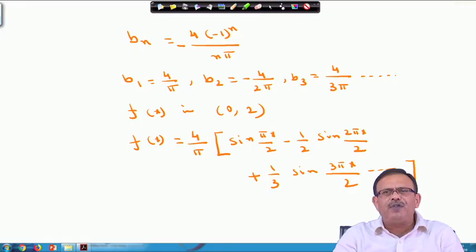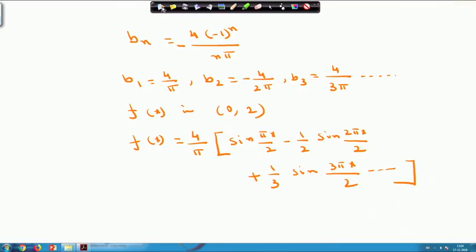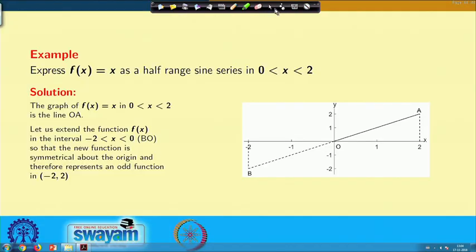So, we are redefining the function f(x) in minus 2 to 2, which becomes an odd function. Then using the normal process, f(x) equals only sine terms will be there, that is b_n sin(n pi x by 2), and we can find the values of b_n. From there we can write down the series of the given function f(x).